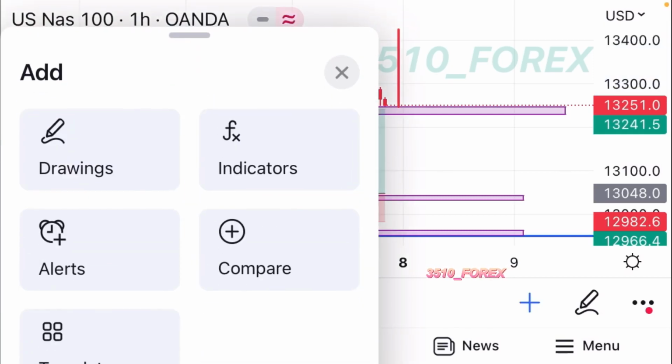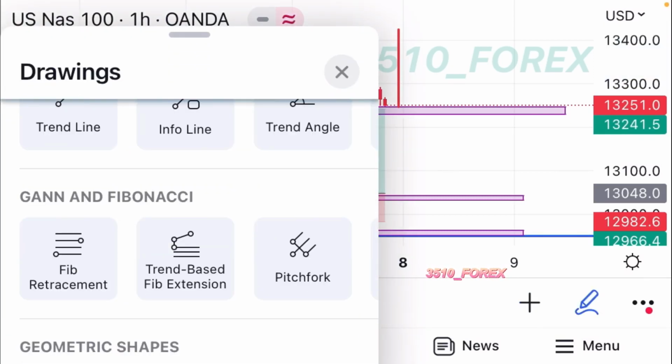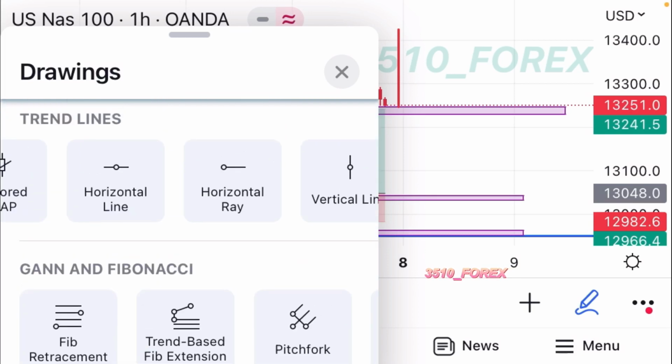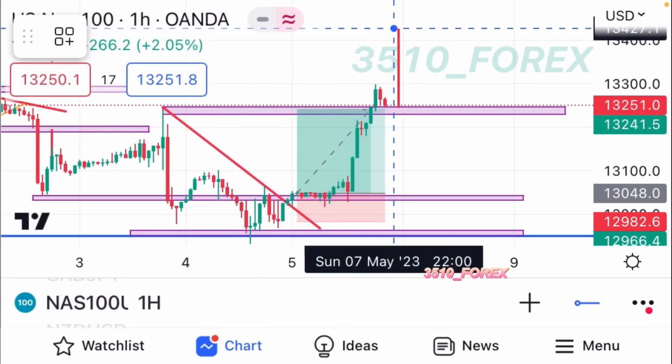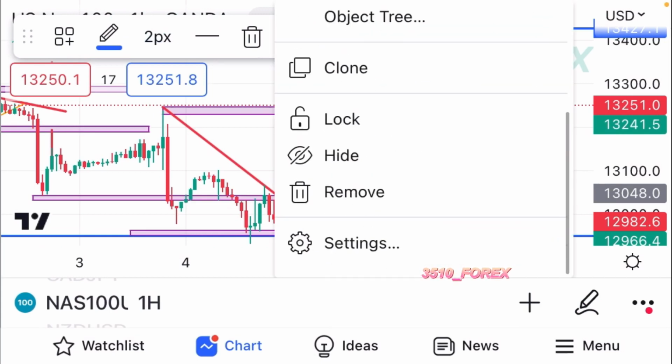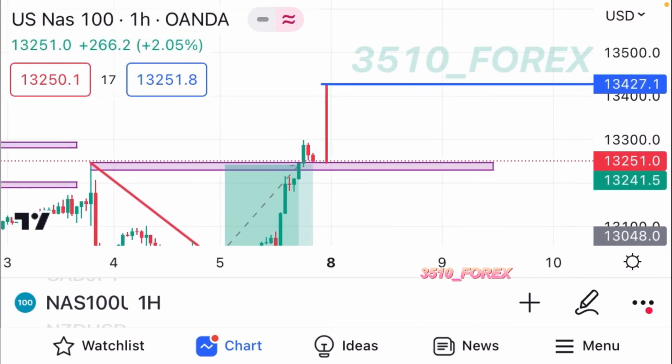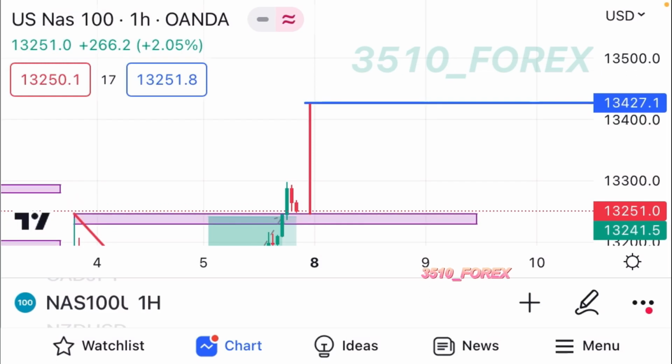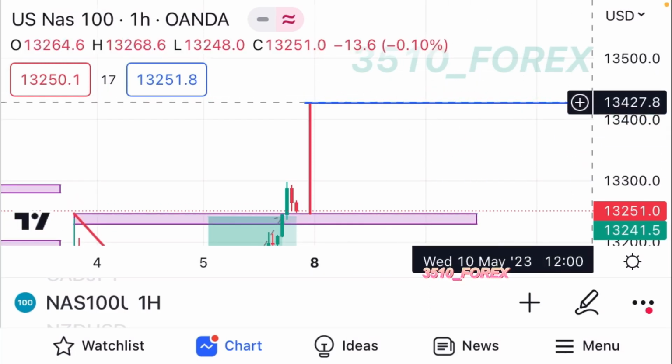So my price, let me add the horizontal line. My take profit price is that price that I just added, that is horizontal. This price that is right here is my take profit.